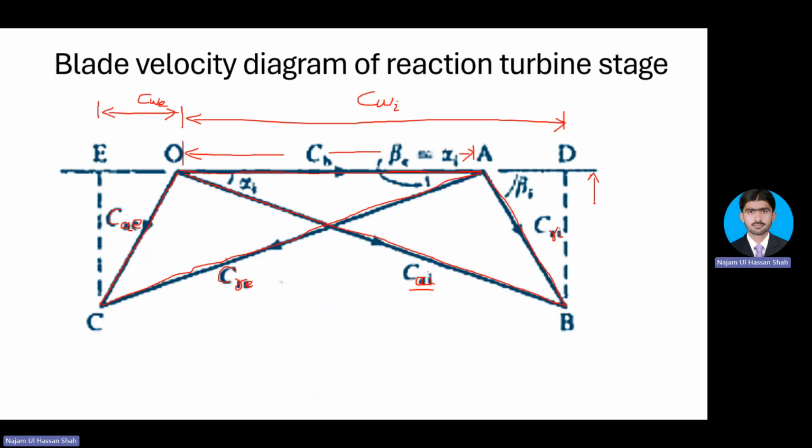Here we can mark CFI as before, and on the left vertical side, we can mark CFE. So essentially, the velocity diagram of the reaction turbine looks similar to that of the impulse turbine. But there will be some differences that we will learn later.